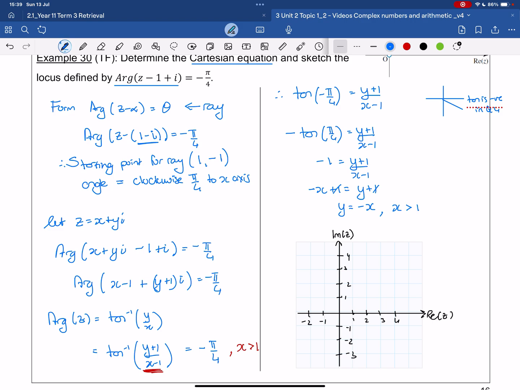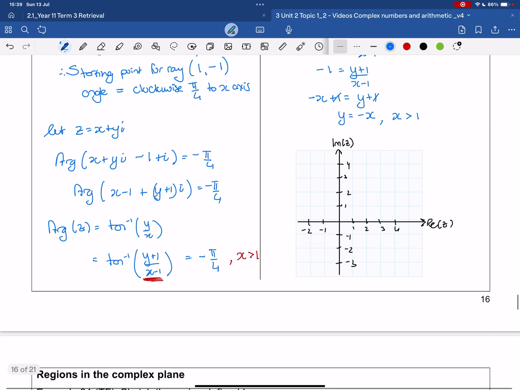All right, so what does this look like? Well, we know that it starts at 1, -1. And let's draw in a horizontal axis over here.